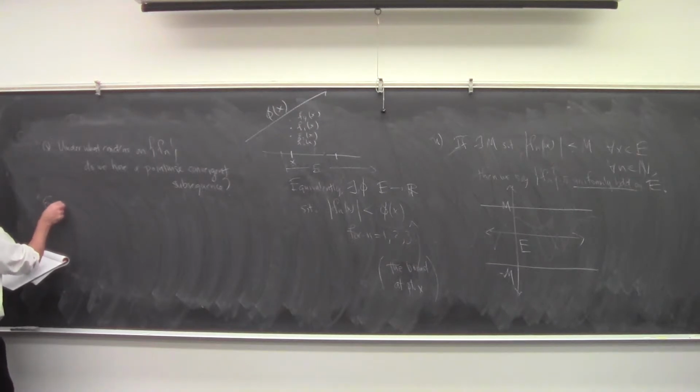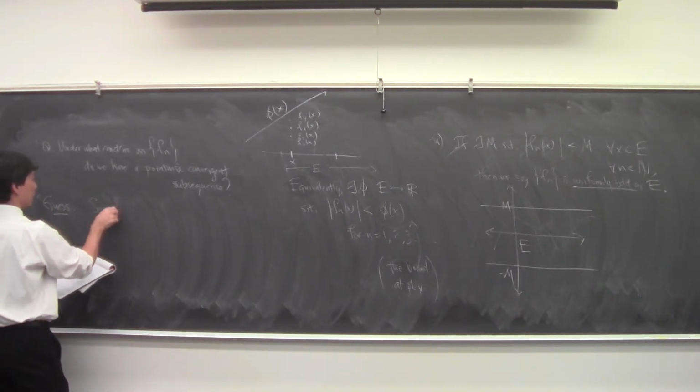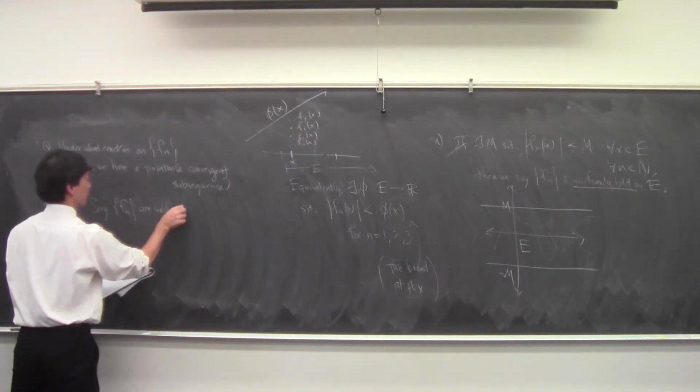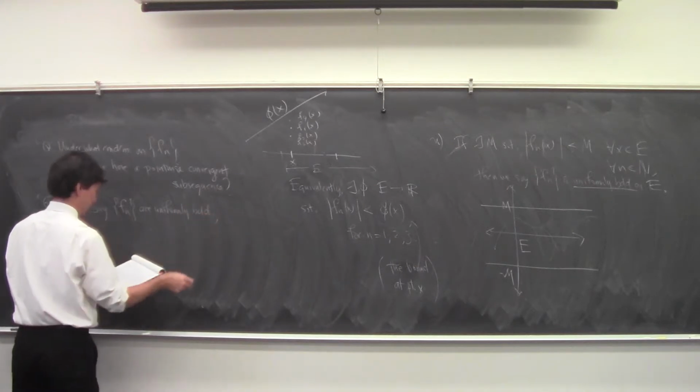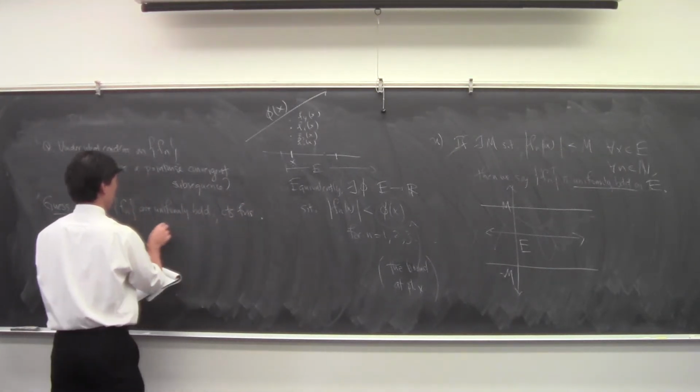One initial guess, you might think something like, suppose that the fn are uniformly bounded and they're continuous functions on a compact set.